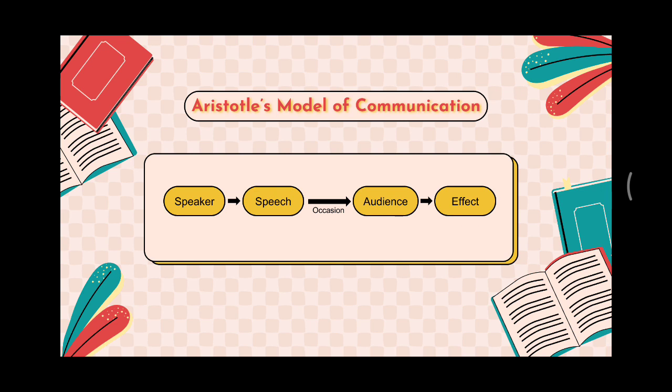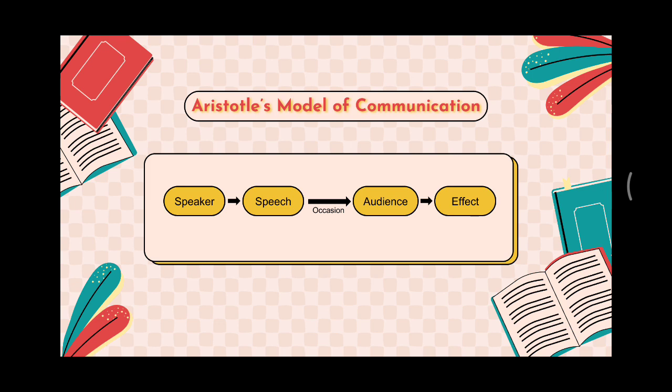This is one of the linear types of communication wherein there is only one source of communication and the audience does not have the chance to give feedback. The speech, which is produced by the speaker, depends on the occasion, and the effect depends on the understanding or the response of the audience.